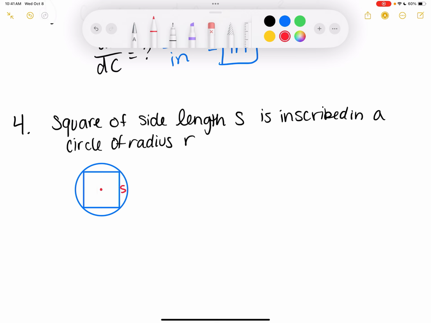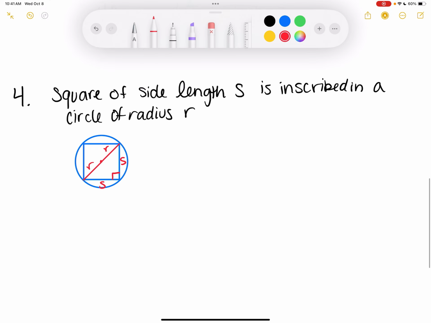The radius of the circle is R. And then obviously if I draw the whole diagonal of it, this one is also R over here. So I know obviously that that's a right angle. Knowing this information and that this is also a side, what do you know about this angle or these two angles here? 45, 45. Yep, they're both 45 because that's a special triangle.